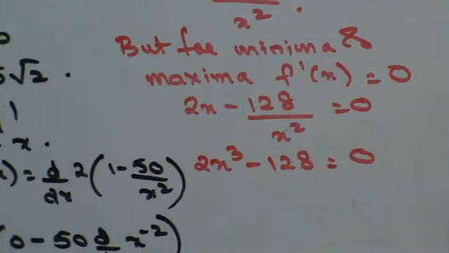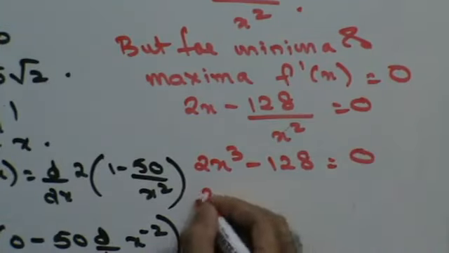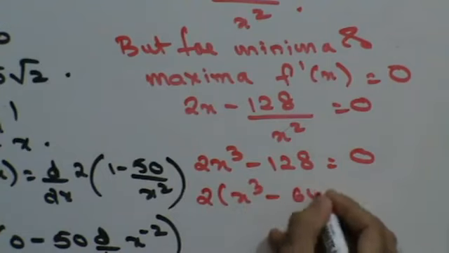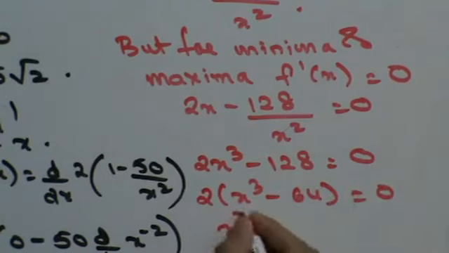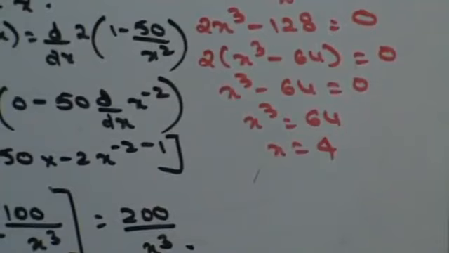The common denominator x square goes on the other side to become 0. 2 common, x cube minus 64 is 0. X cube minus 64 is 0. X cube is equal to 64. X is equal to 4.